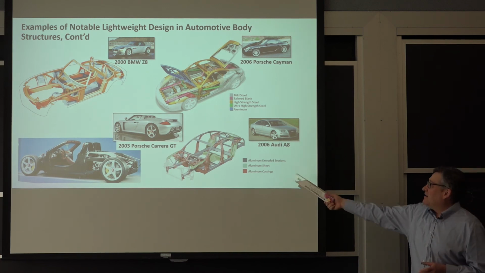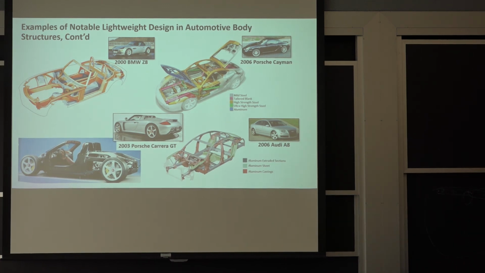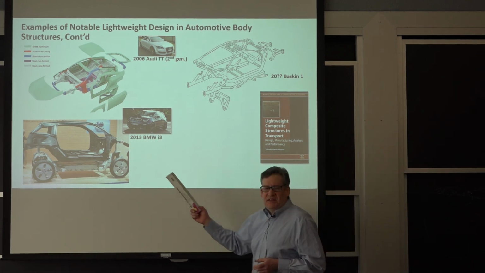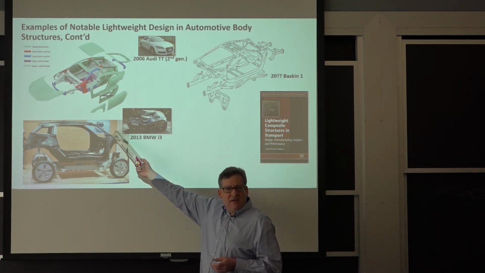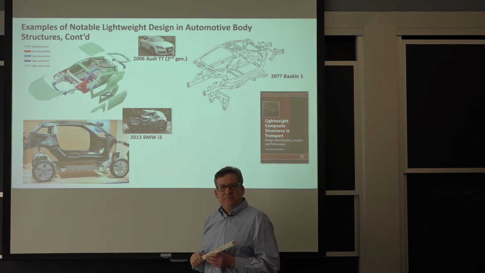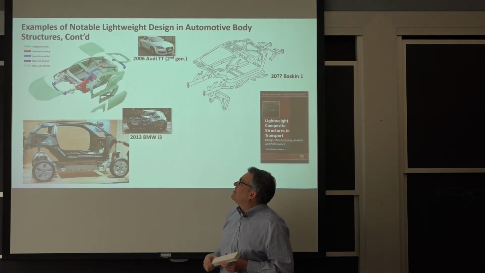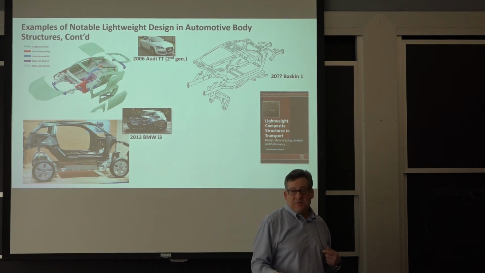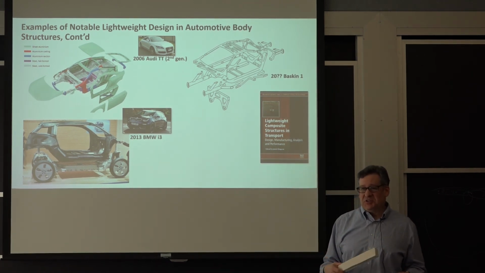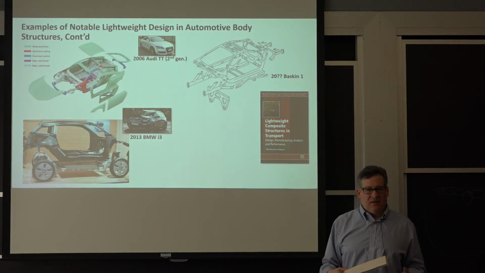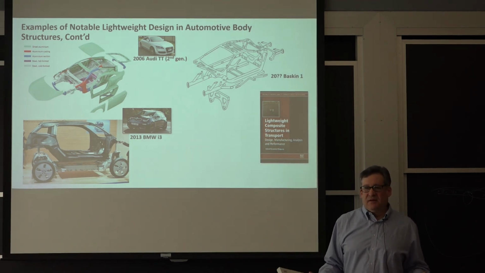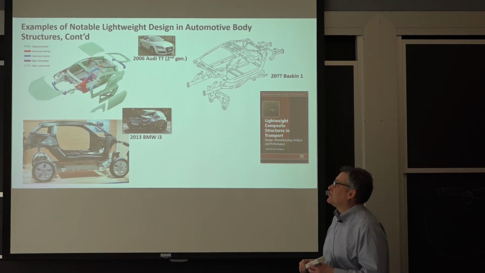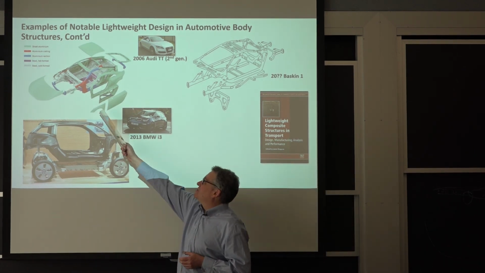The Audi A8, the Porsche Cayman, I mentioned those before. The Audi TT, the current generation, or do they still make this car anymore? They renewed it? The second generation was actually a really neat car. The first generation was basically a Golf with some cosmetic changes. But the second generation was actually a very interesting structure because they used a multi-material solution.